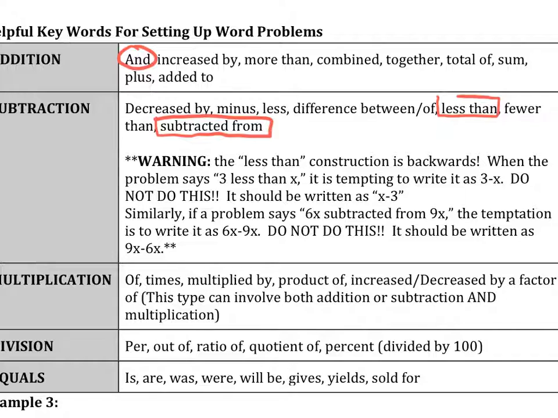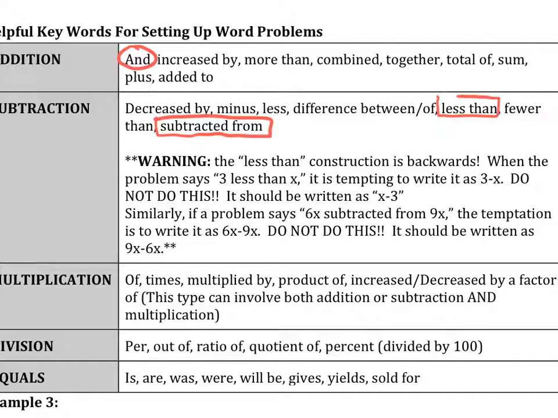If a problem says 3 less than x, it's tempting to just write 3 minus x, just to go in the order that it has those words in. However, that's incorrect. You can't do it like that. If it's 3 less than x, that means you have x amount of things, and then you take 3 away. So it'd be x minus 3.